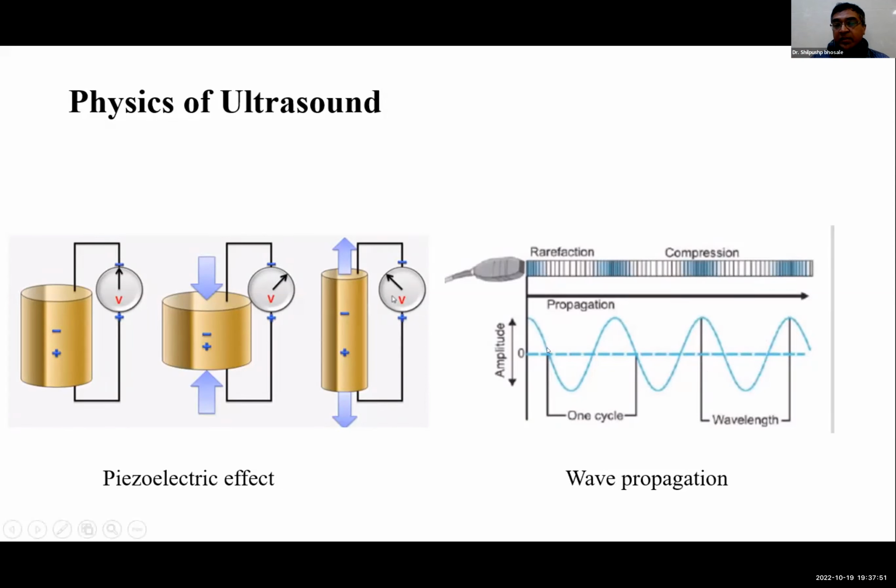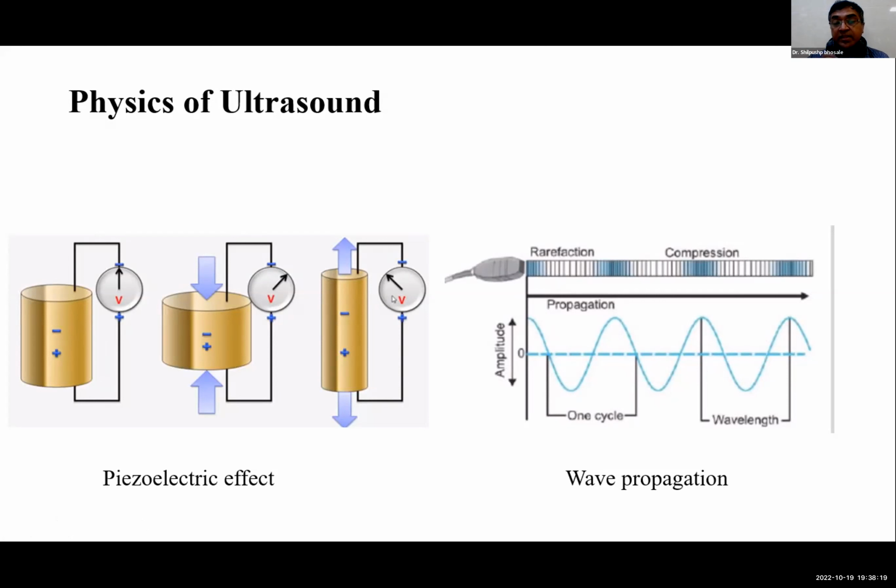You can see the beginning to end of one wave is called one cycle, and the amplitude of the sound determines the wavelength, and these would determine what is the frequency of the ultrasound wave, and depending on this frequency, you are able to assess the depth that the ultrasound can visualize in the body.